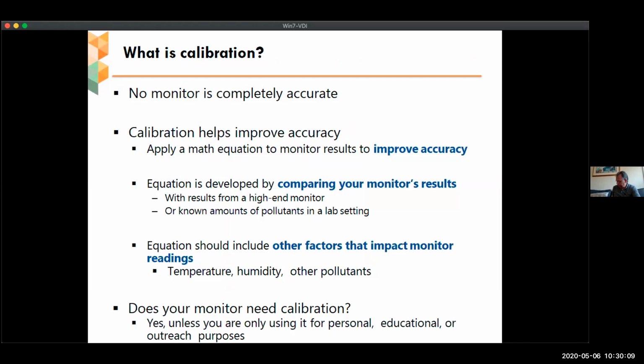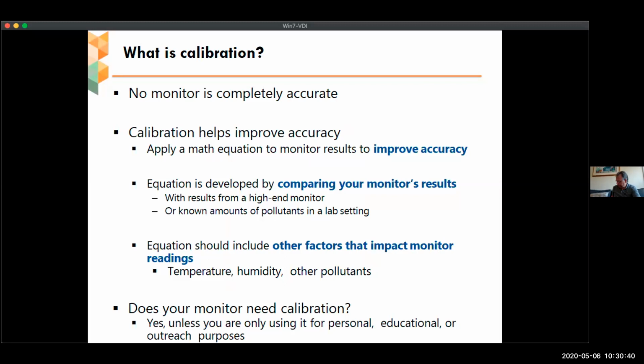What is calibration? So no monitor is completely accurate. Calibration helps improve accuracy. What we're doing is applying a math equation to the monitor to improve the accuracy. Usually it's developed by comparing your monitor's results to a high-end monitor. So a lot of times that means putting a monitor close to a reference monitor and comparing the 2 monitors and how they're performing based on the pollutants and the data that's being captured.